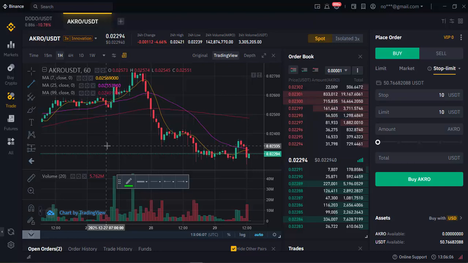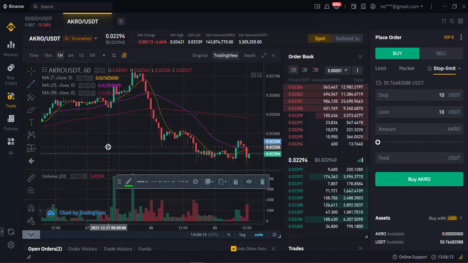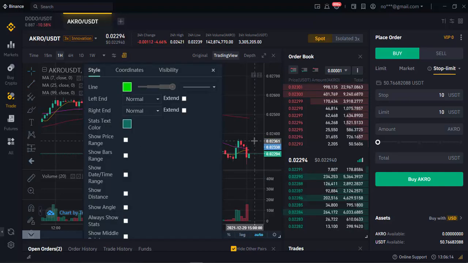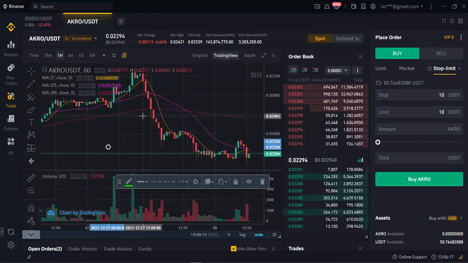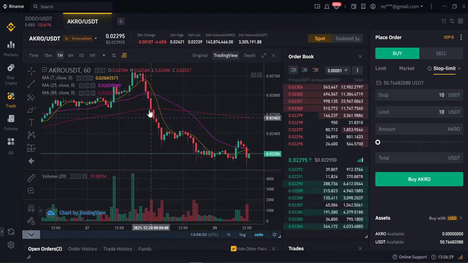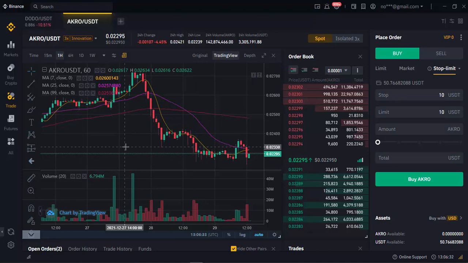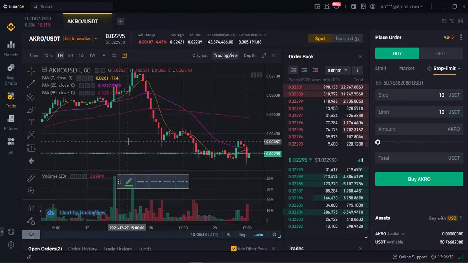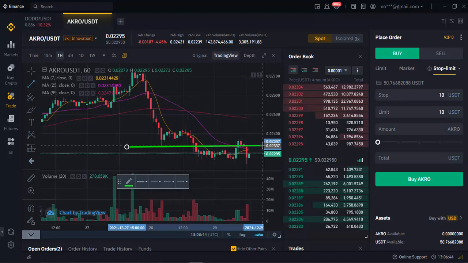The price is somewhere around here. I want to get a line from here. We grab the line again and click right here and then right here.